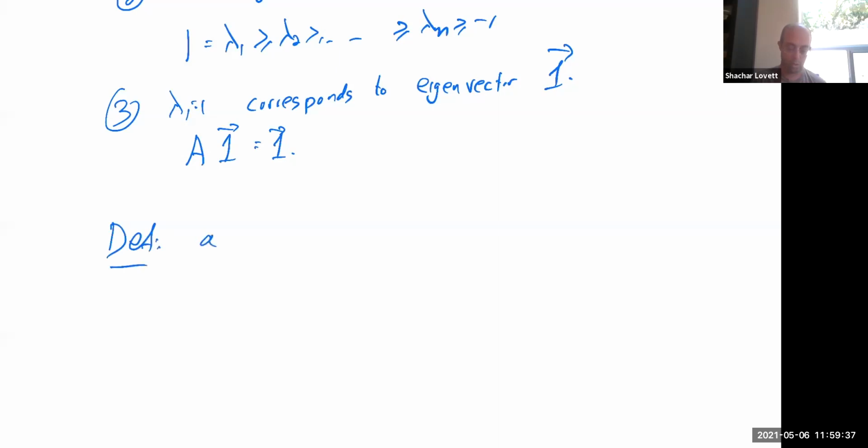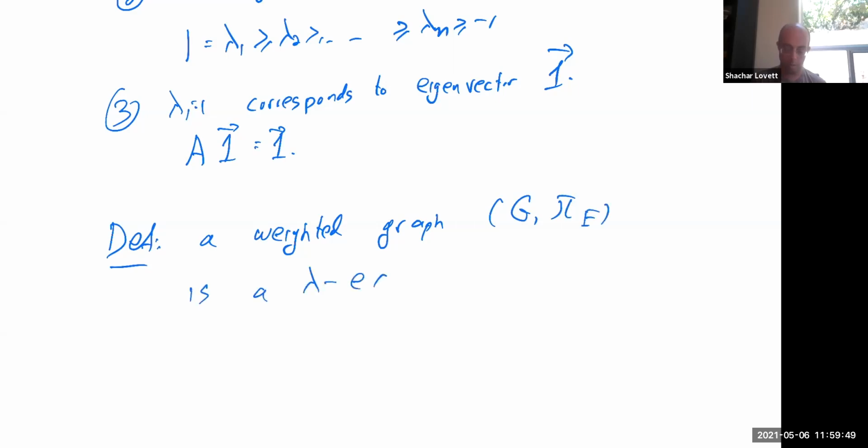A weighted graph G with weights on its edges is a lambda expander if the maximum of lambda 2 and lambda n is at most lambda, exactly the same as we did so far.